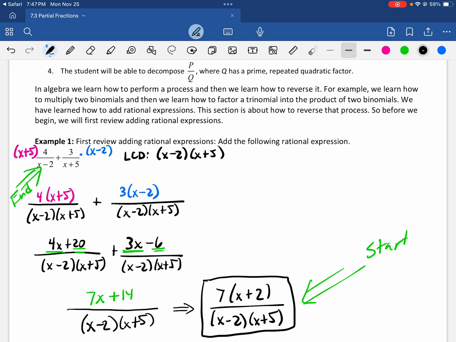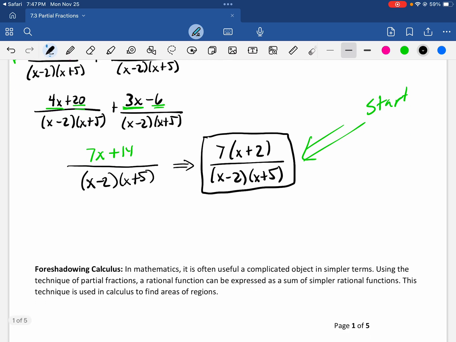A lot of times it's useful in mathematics. For those of you that may be going on to calculus from here, this is something you're going to have to make sure you know how to do, because it will come up. A lot of times it's beneficial to take something that might be complicated and get it into a simpler form.